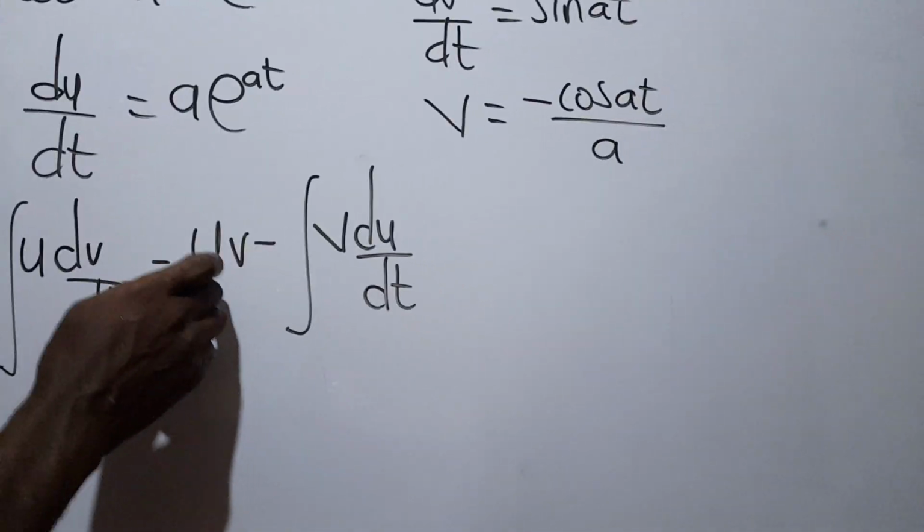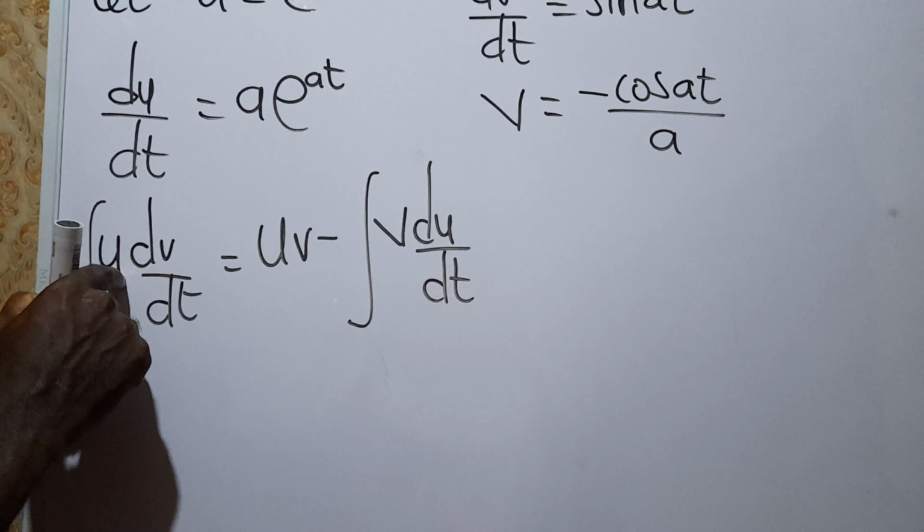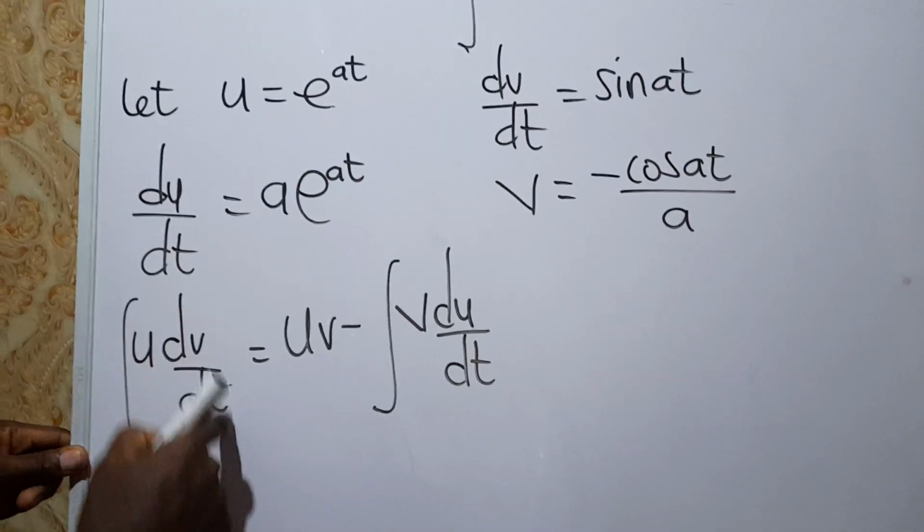Now, what's our u? Our u is e^(at). dv/dt is sin t.